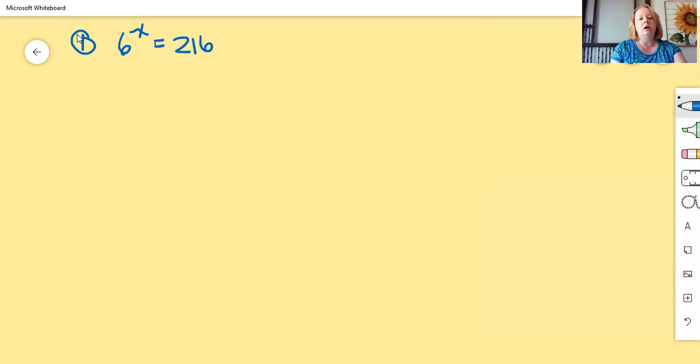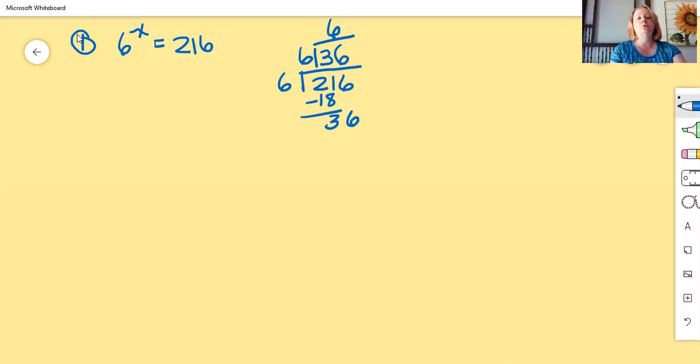So we're just going to, off to the side, divide 6 into 216. So 6 into 21 is going to be 3, and so 18, and that's going to be 36. So it's going to be 6. And then we're going to divide 6 again. And that's 6 and 6, and we're done.